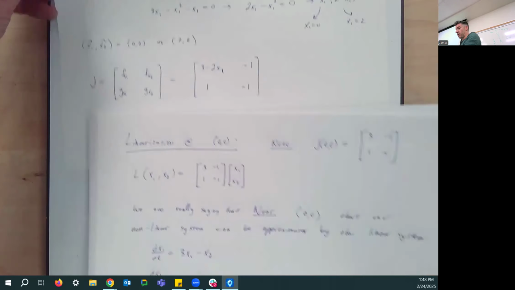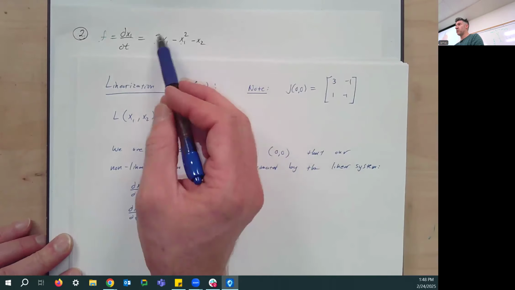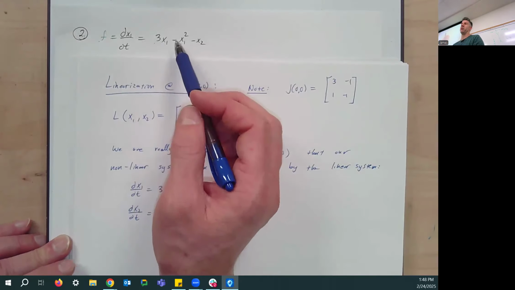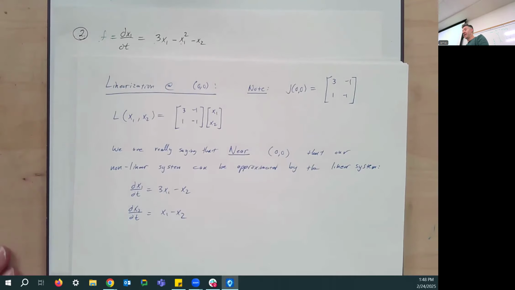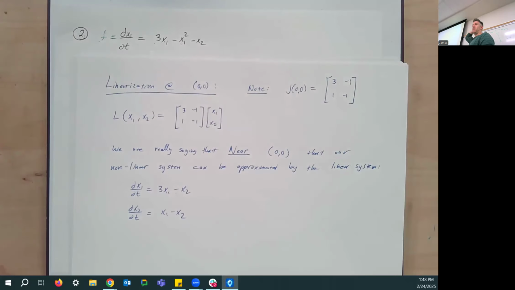So here's what we're saying. Near the origin, this differential equation is linearly approximated by this equation, which might just look like I took away that part, but it's really because that function in this direction, that derivative is just zero anyway. So that's why that part's just going away.